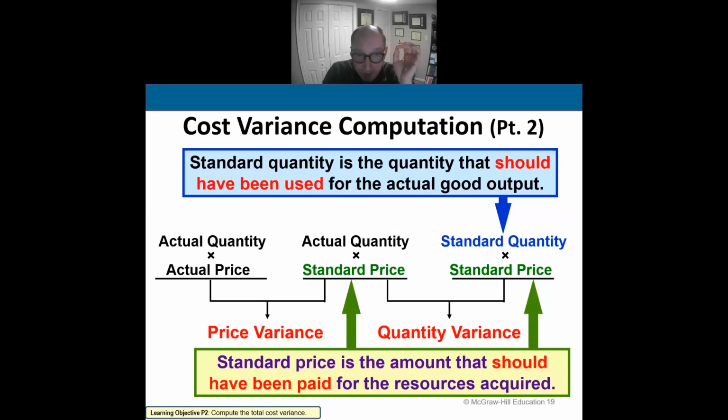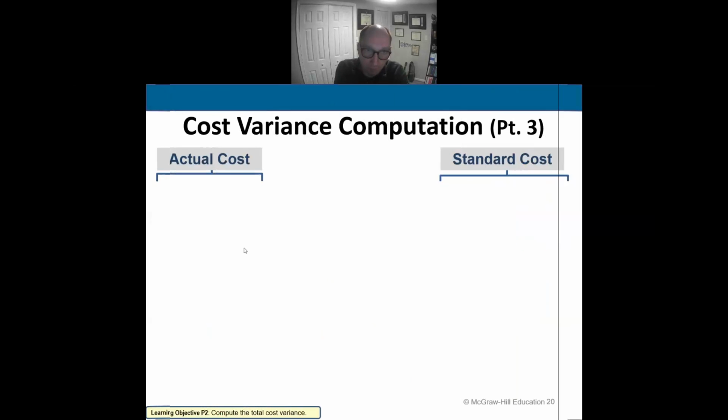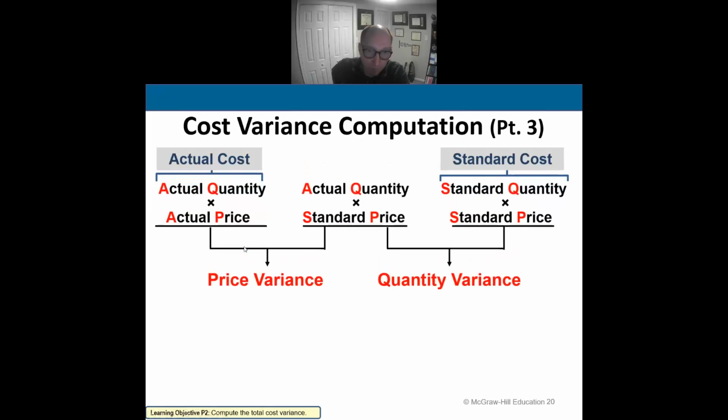To do that, we take the actual quantity times the standard price minus the standard quantity times the standard price. That will give us the quantity variance. The price variance and the quantity variance together will give us the cost variance.